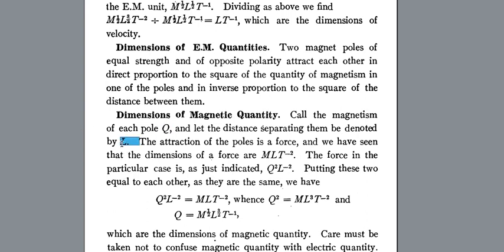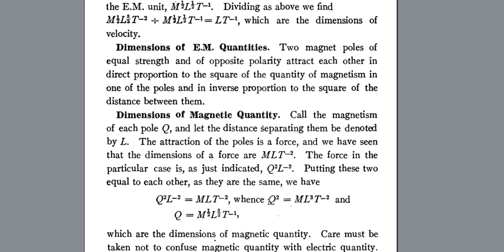The attraction between the poles is a force, and the dimensions of force are mass multiplied by length multiplied by time raised to the power of negative 2. For this specific case, force is proportional to Q squared divided by L squared. Equating these expressions, we write the quantity of magnetism squared multiplied by the reciprocal of length squared equals mass multiplied by length multiplied by time raised to the power of negative 2.